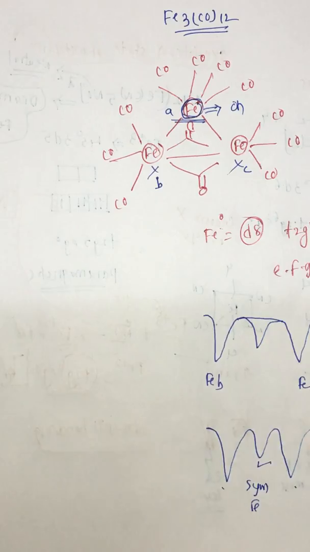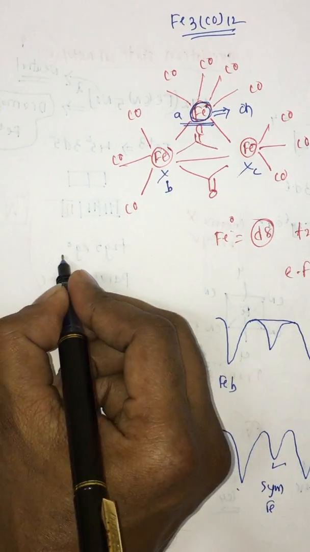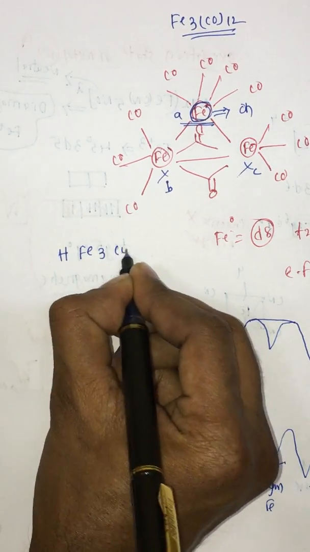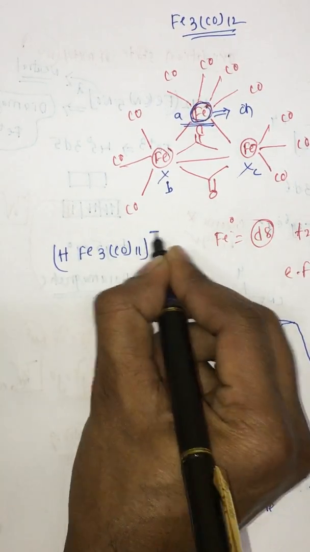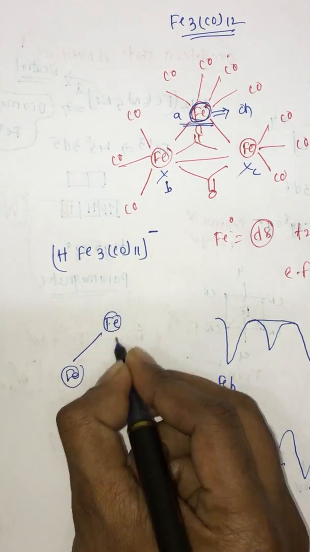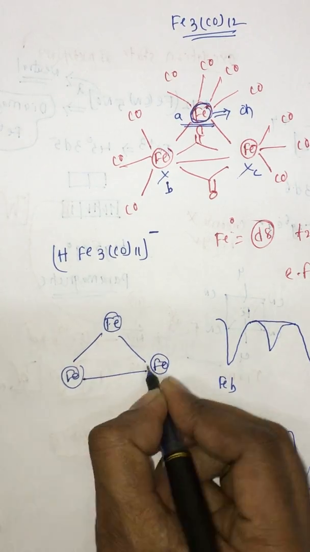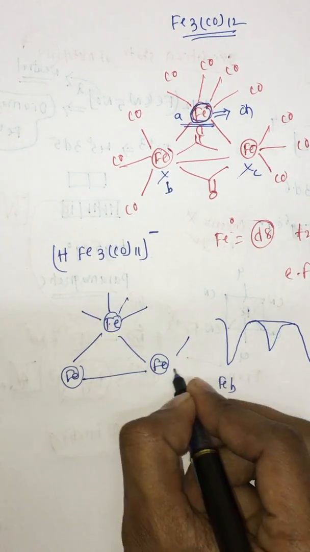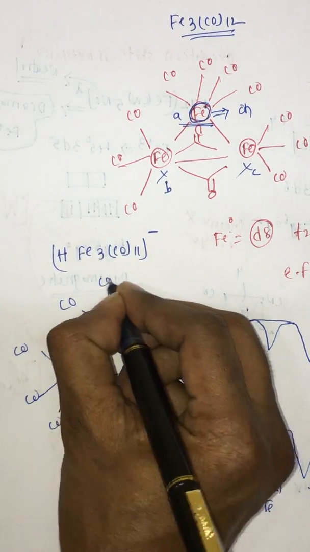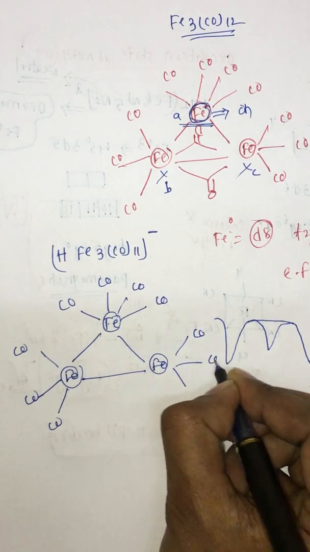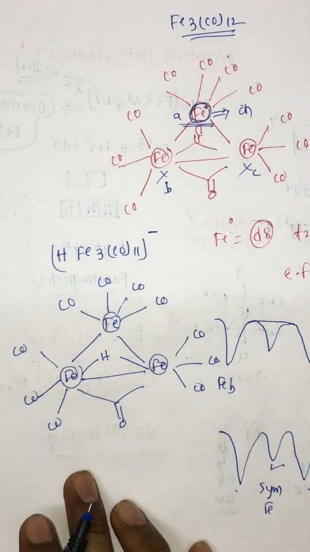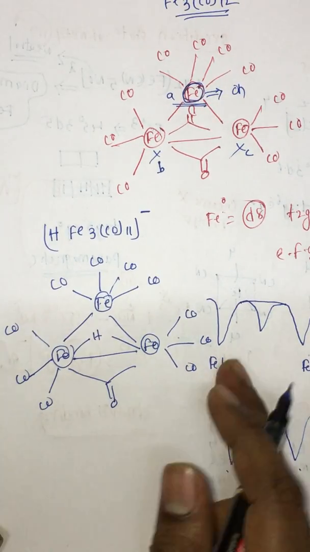So this is about Fe3(CO)12, and we have two more examples, the same kind. HFe3(CO)11 with a negative charge. So here we have three irons. This spectrum is almost equal to the previous one, so here also we get the same spectrum.